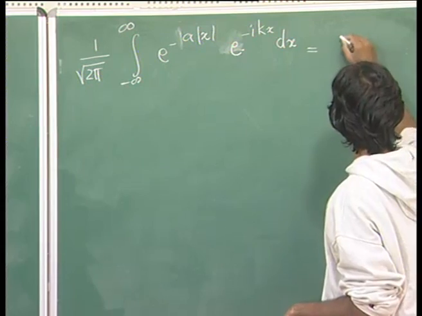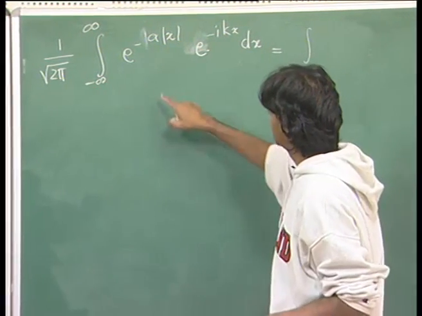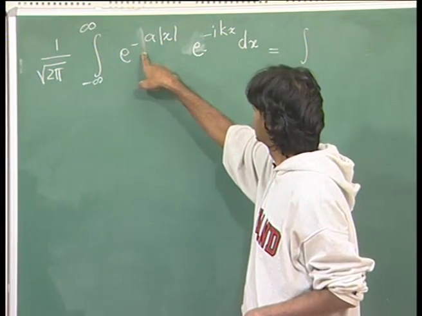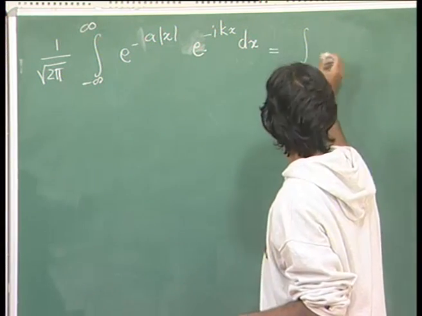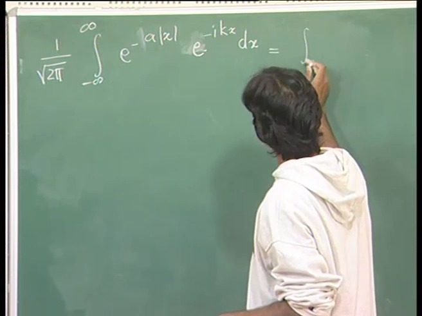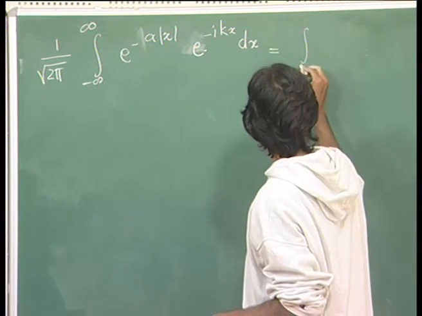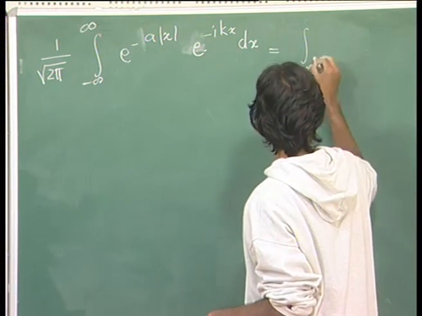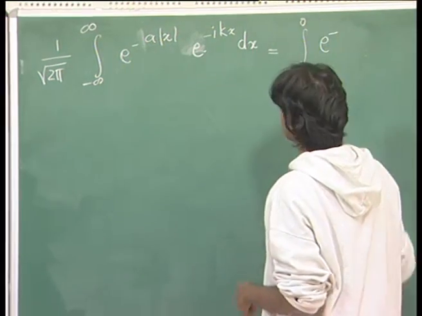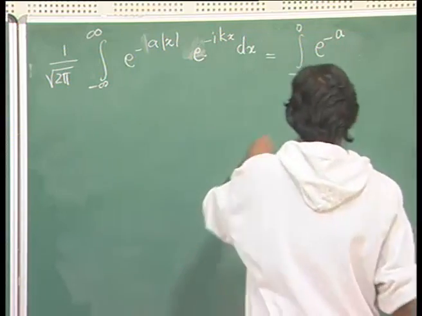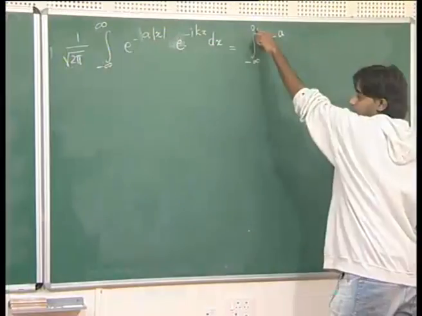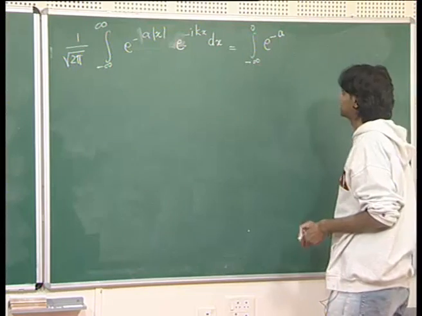Now we can write this as the integral from minus infinity to 0 of e to the minus a times absolute value of x. When x goes from minus infinity to 0, x is negative, so absolute value of x is minus x.